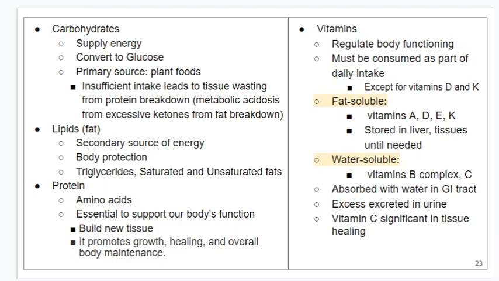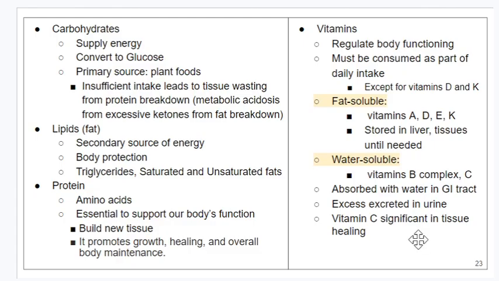And then we have our water-soluble vitamins that are excreted through our kidneys: vitamin B complex, and then vitamin C. These vitamins can be absorbed with water in that GI tract, and then those water-soluble vitamins are excreted through our urine.